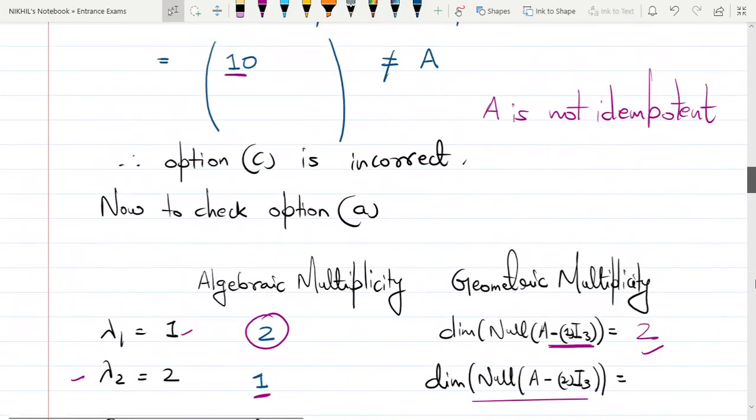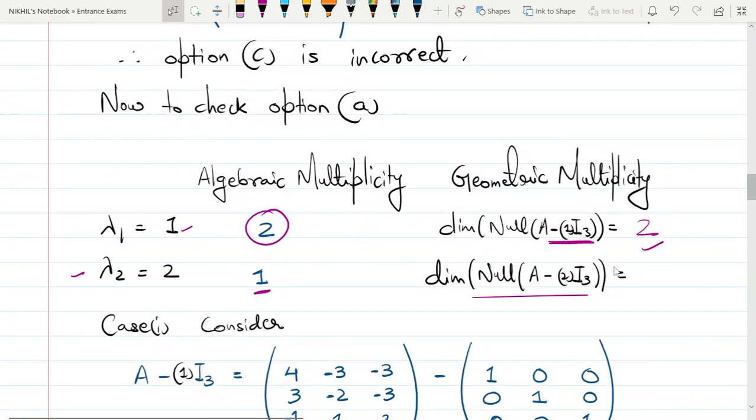So if I go back, you see here that the geometric multiplicity for the eigenvalue lambda 2 equal to 2 comes out to be 1, and its algebraic multiplicity is also 1. So now I have met the requirement for a matrix to be diagonalizable, that the algebraic multiplicity of each eigenvalue equals the geometric multiplicity.